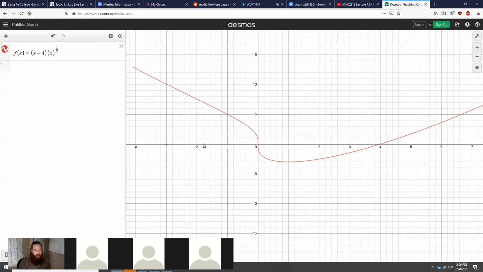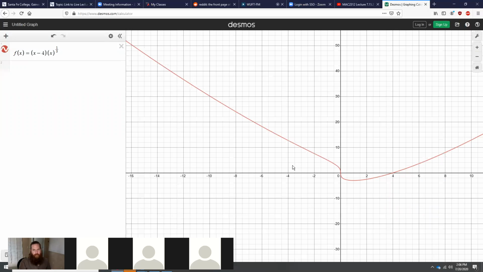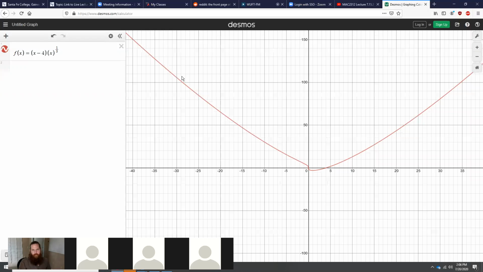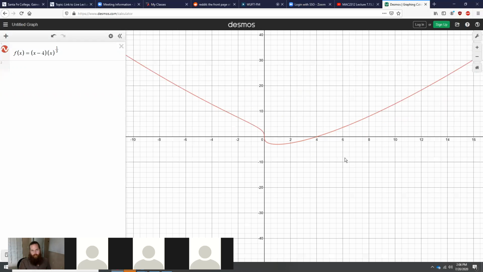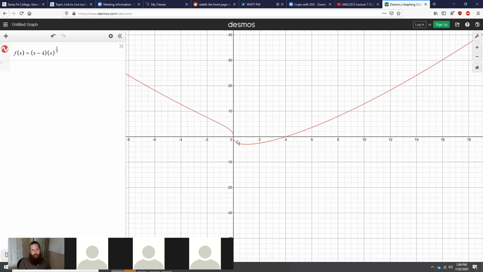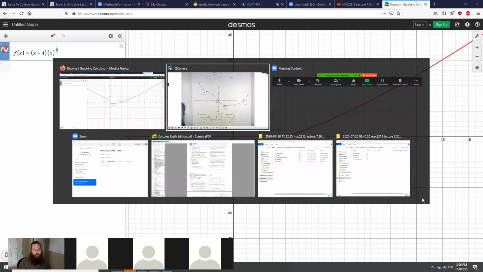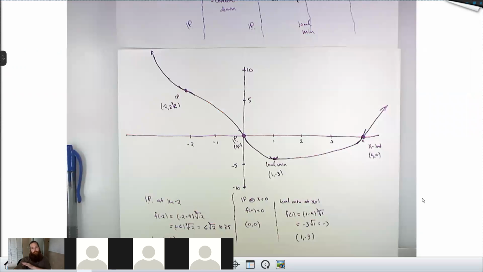It's hard to see the concave up behavior to the left, but if you really zoom out, you can see it. We're concave up here, and then right here at negative 2, we switch to being concave down. We've got our inflection point and our intercept here at 0. We've got our local min at 1 and our intercept at 4. So compare to this.